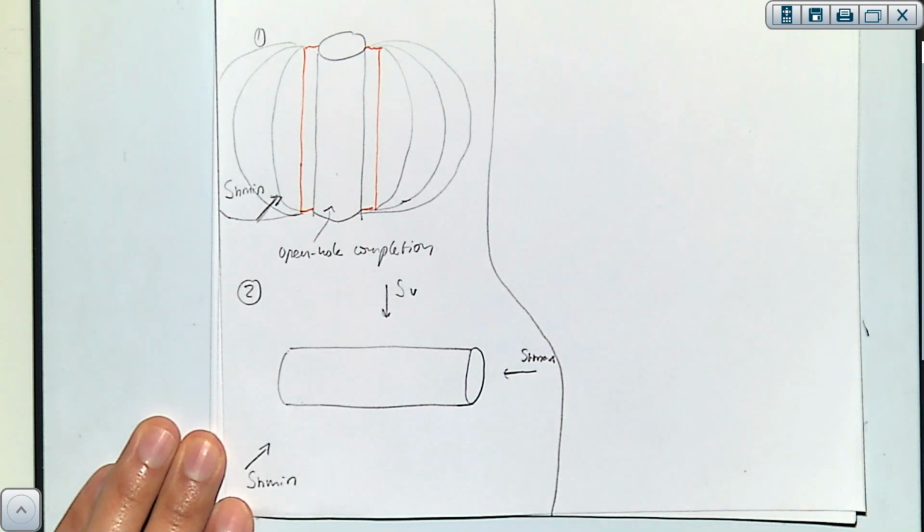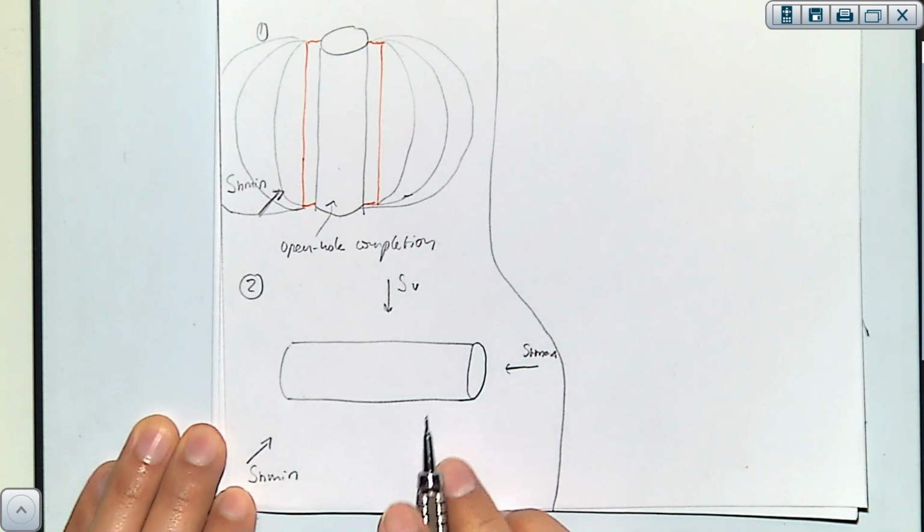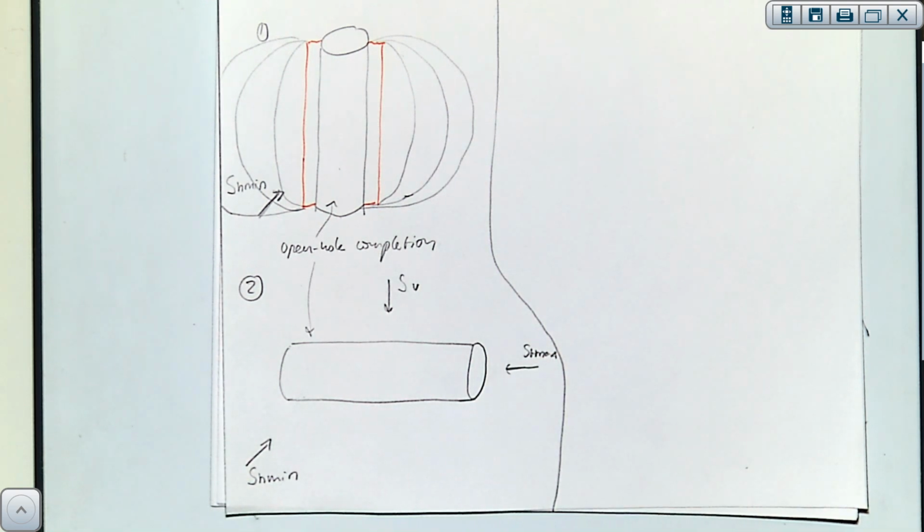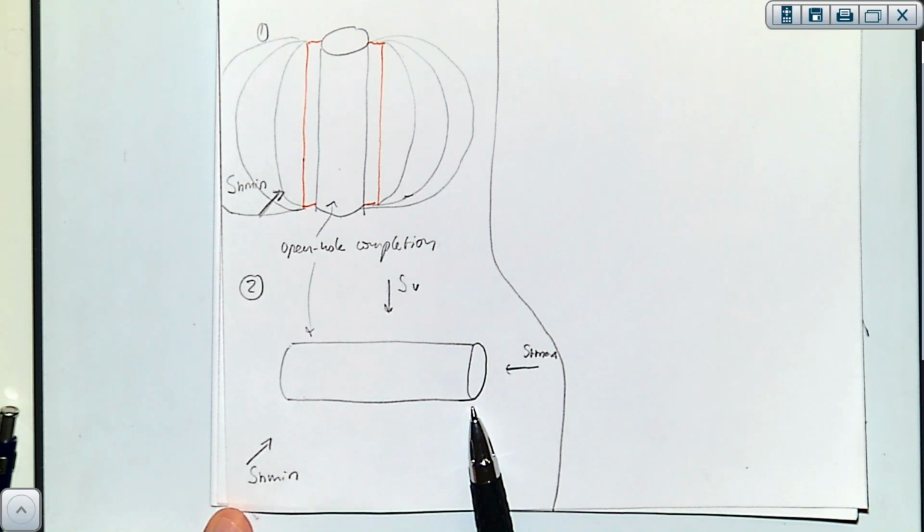Same question. Pressurize this wellbore. There's no casing, there is nothing. Where would the fractures start? The tensile fractures. Why above and below? Yes.